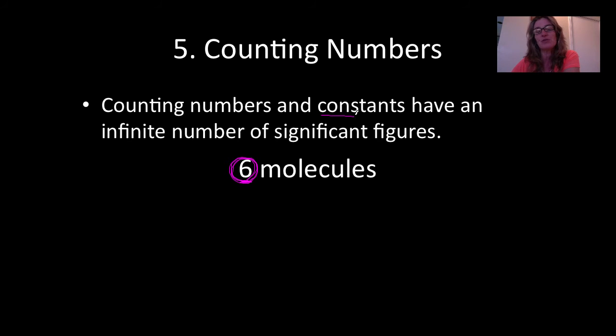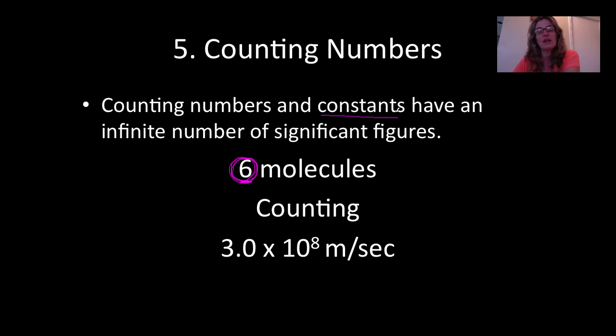The other numbers that do are constants, like pi, or like the speed of light, 3.0 times 10 to the 8 meters per second. I could draw that number out to an infinite number of digits. And so we don't even consider them as having significant digits that we have to consider. They are infinite. So those are counting numbers and constants, and we'll be using a lot of constants. We don't need to consider their significant figures.